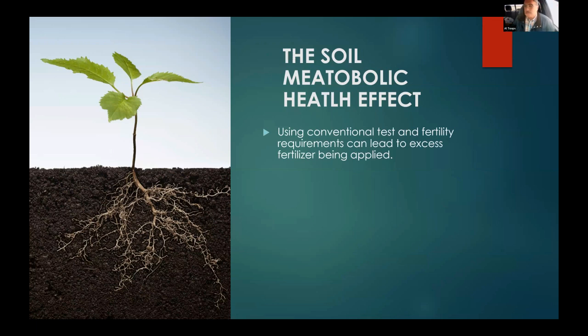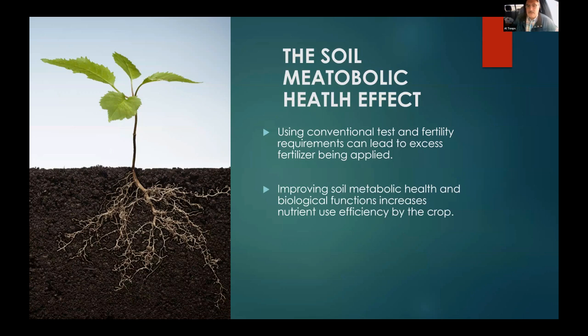So when we use conventional testing methods, we're looking at fertility requirements that can lead to really excessive uses of fertilizers. And if we're going to improve metabolic health, then we've got to figure out what the functions are and how to better attack and put products out there that can actually address the functions.